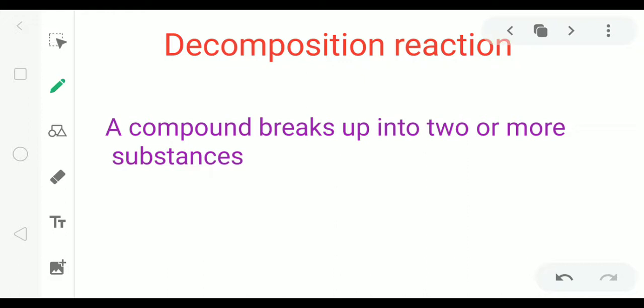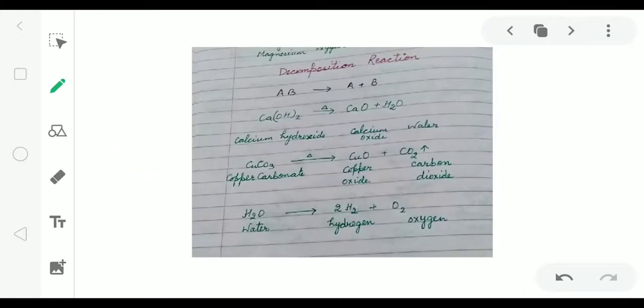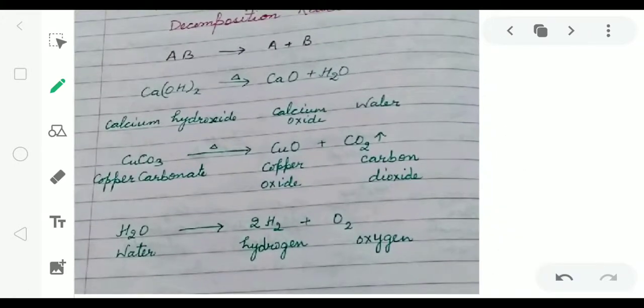Decomposition reaction. In this type of reaction, a compound breaks down into two or more substances. If AB is a compound, on heating, it breaks down to substance A and B. This type of reaction is called decomposition reaction.